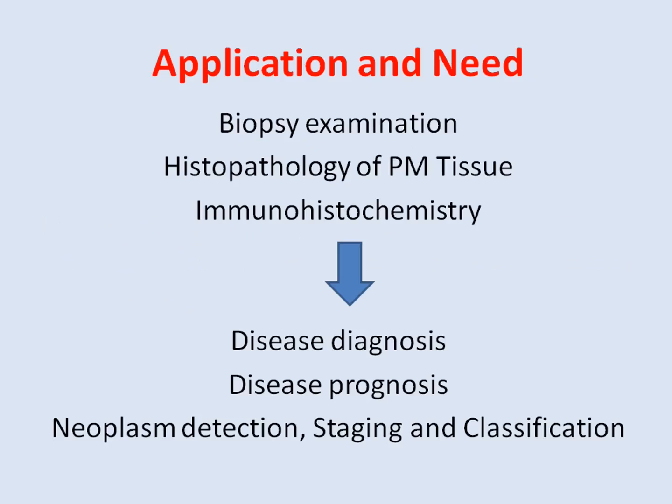Coming to its application and need. First and foremost is biopsy examination. Friends, you will be astonished to know that 70% of tumor diagnosis relies on biopsy examination. Next is the histopathology of post-mortem tissue.